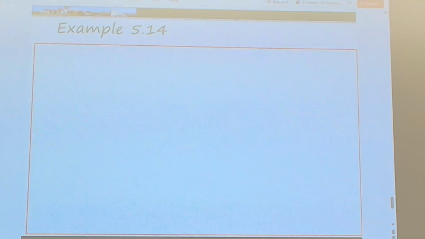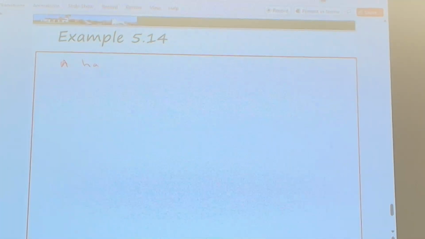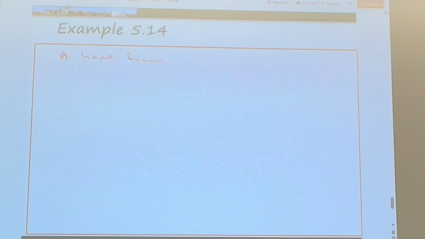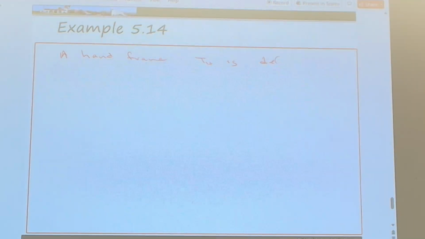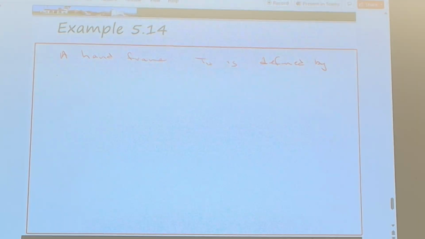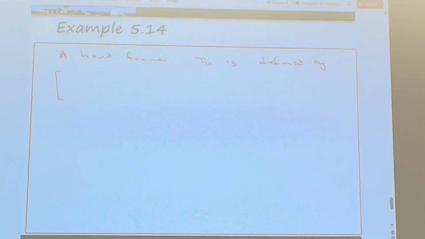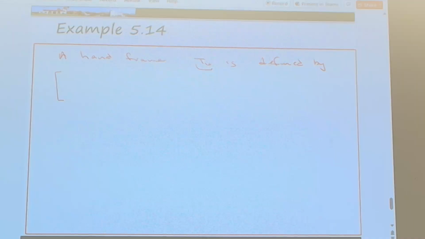So in this case, a hand frame T_H is defined by... and by the way, this hand frame, we now know how to compute those. That was exam 2. That T_H that we did all the forward kinematics for, literally could be something that looks like this.